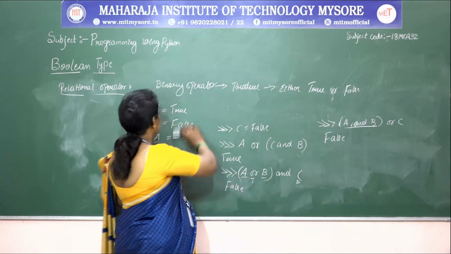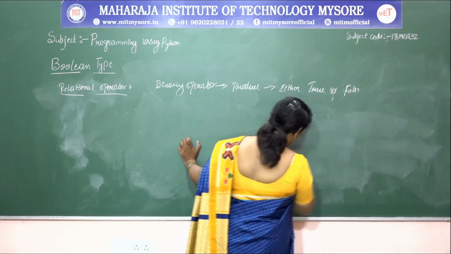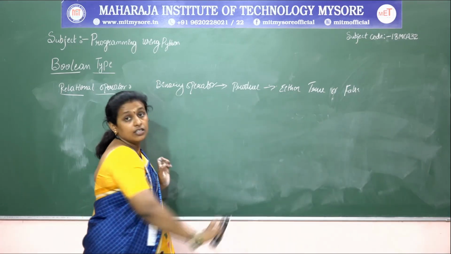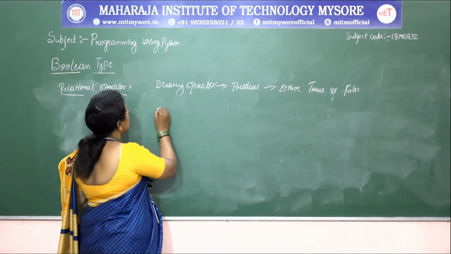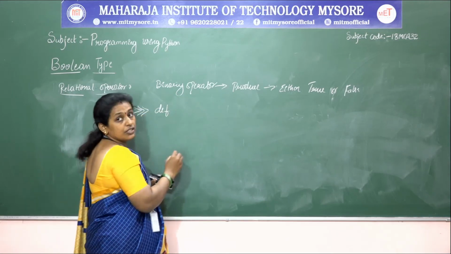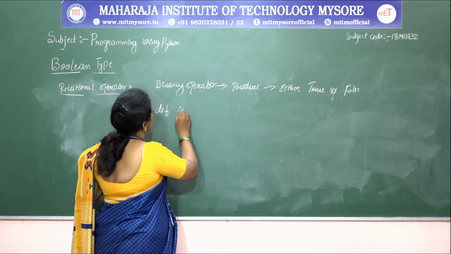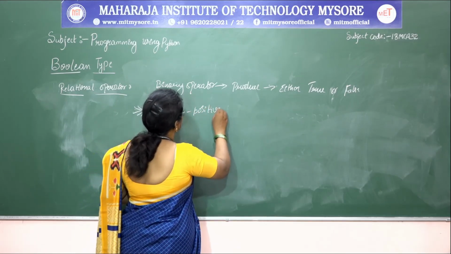Same thing can be used in functions also. Let me check whether the given value is positive or not by using a function. Here I am defining a function is_positive.